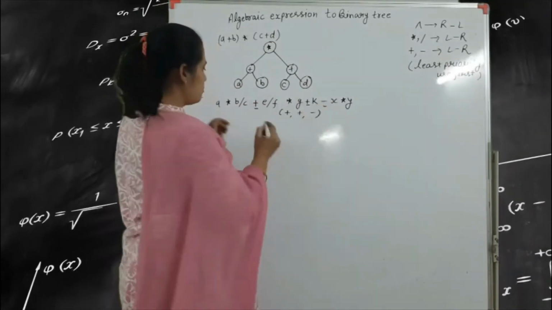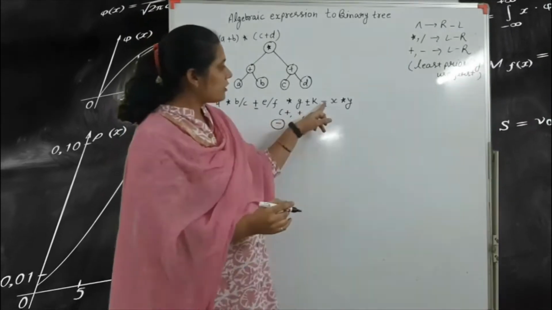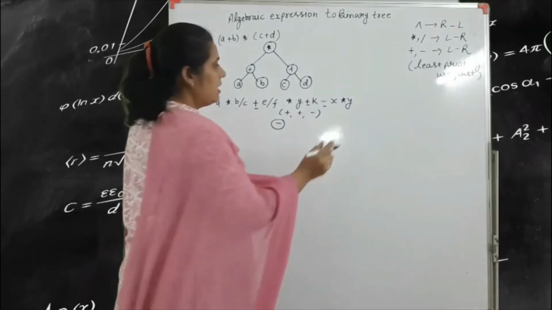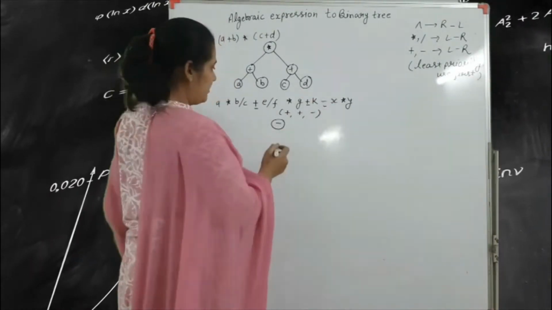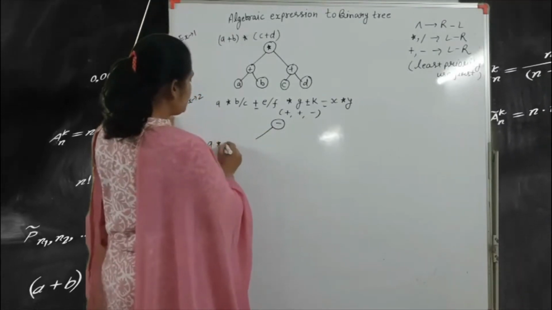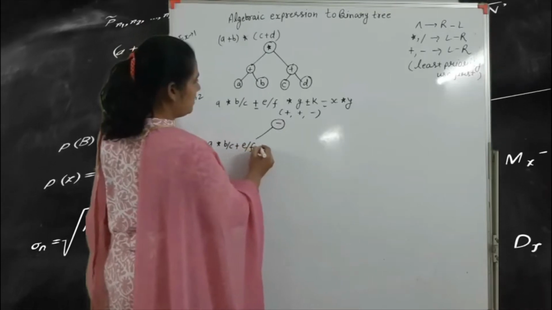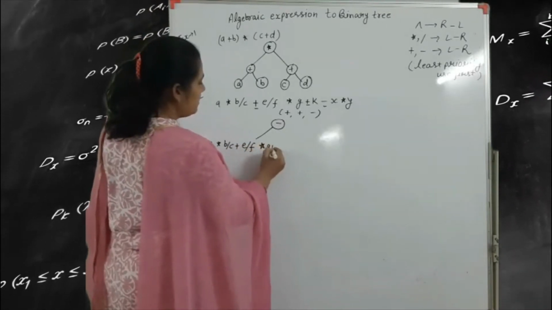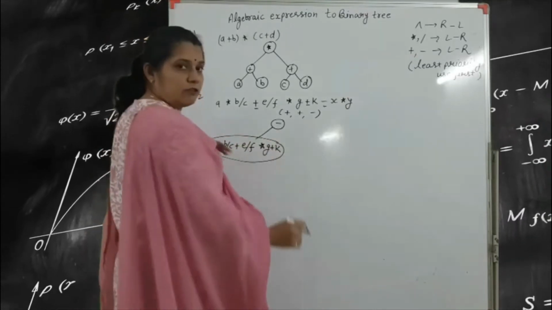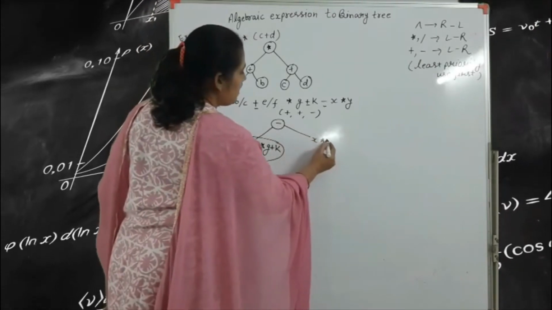So this negative sign is your root node. Okay. So according to this negative, the left hand side you write here and this one is your right side. So according to this we write here A star B slash C plus E slash F star G plus K. Okay, this is your left hand side. Got it? And right hand side is equal to what? X star Y.